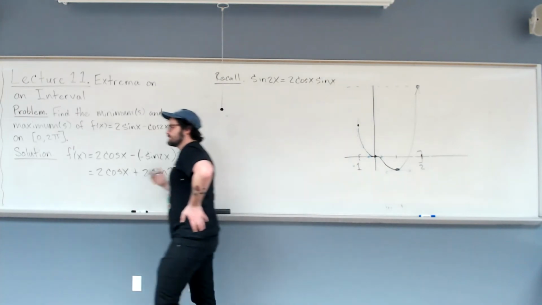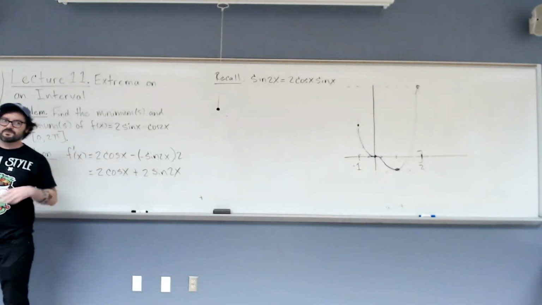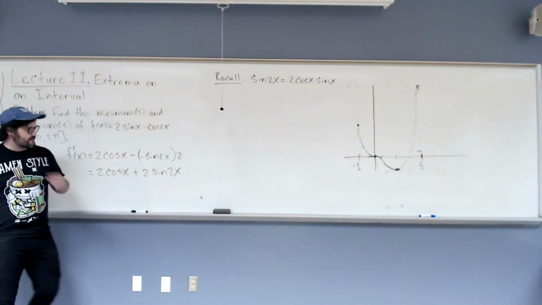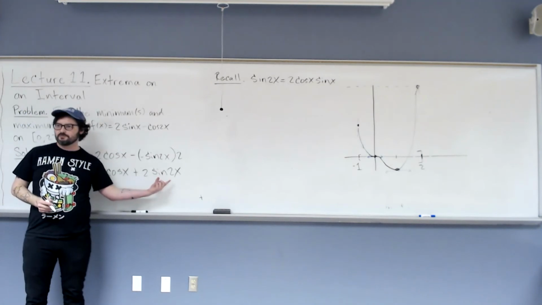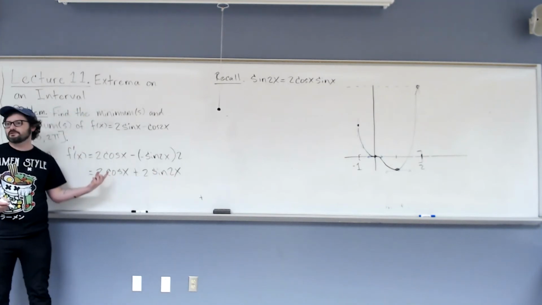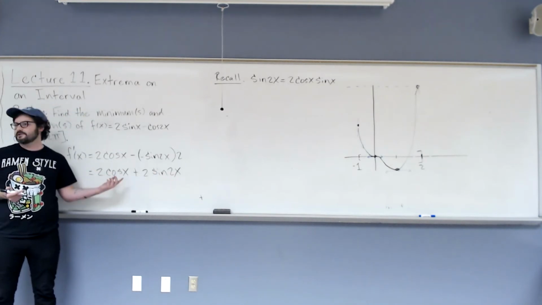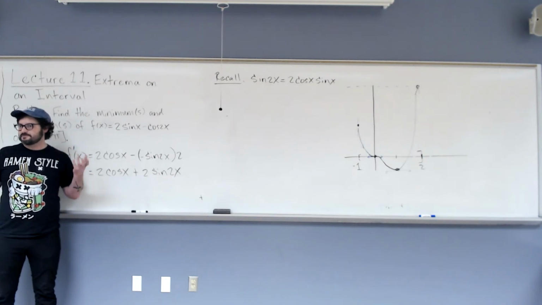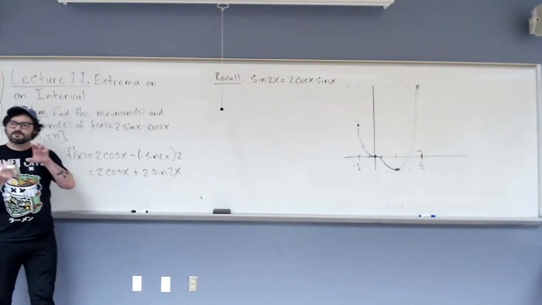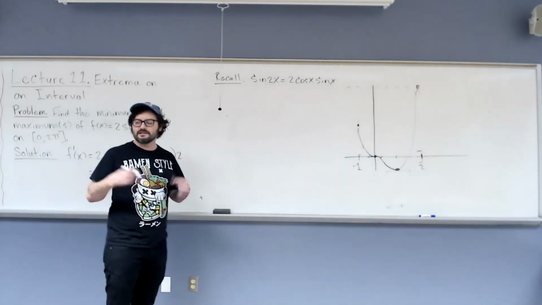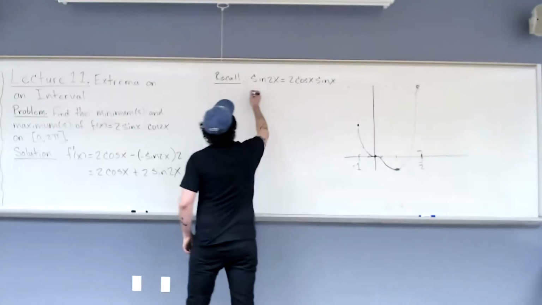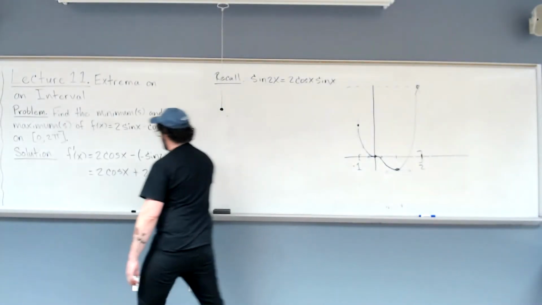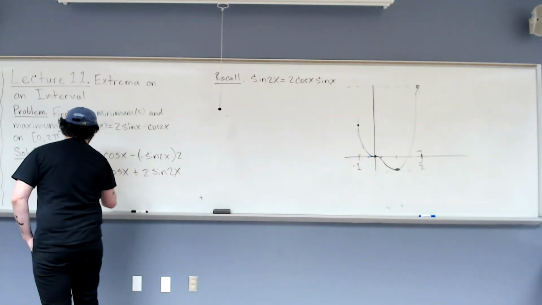And the only reason I'm recalling this identity is because it's going to make it easier for me to determine when this whole thing is equal to 0. Because I can factor out a cosine, and that's when it's easier to find the zeros, right? I said that earlier. If you can factor, then it's easy to find when the derivative is 0, or when any equation is 0.